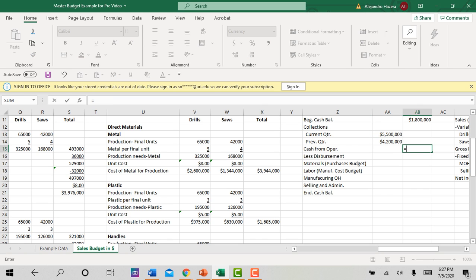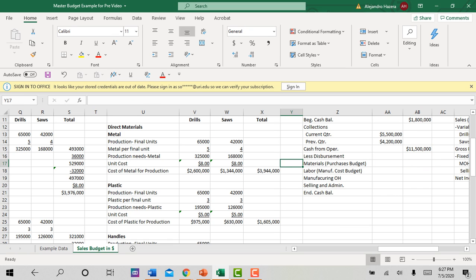So our total cash available is $1.8 million plus $5.5 million plus $4.2 million. We have cash available to disburse of $11,500,000.